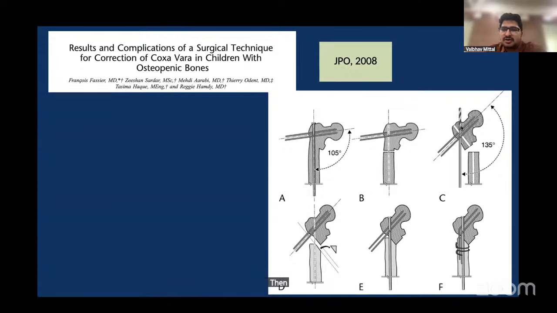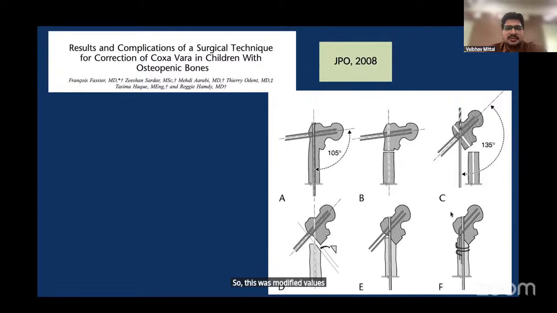Then the lateral cortex was reamed retrogradely to make another entry for the canal, and this fragment was medially translated. A wedge was removed from the distal fragment and a nail was inserted. These K wires are bent over the cortex and stabilized with SS wires. So this was modified Wagner's.